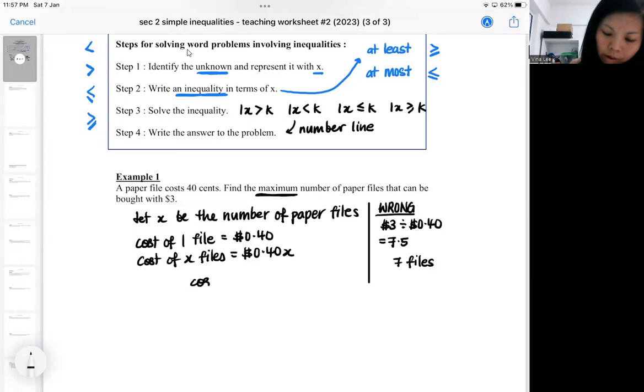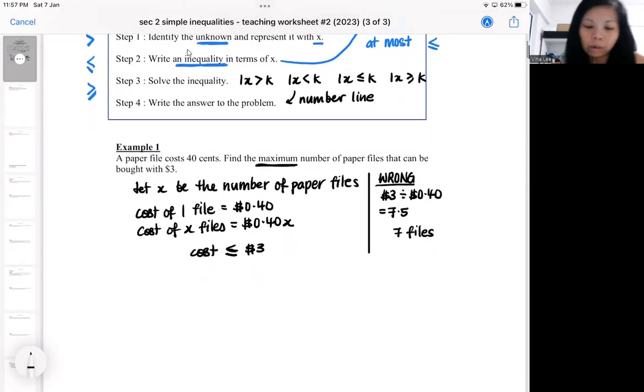So the cost should be less than or equal to $3. You can spend up to $3, but you can always spend less than that. The cost can be $3 or it can be lesser. So it's very critical that you must put an equal sign. If you don't put the equal sign, everything will go wrong. So it should be 0.40x less than or equal to $3.